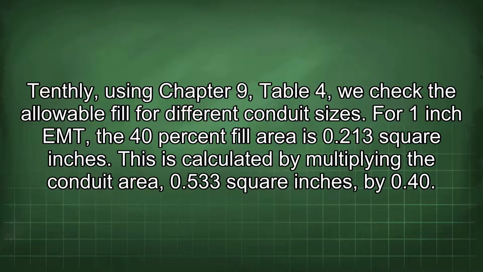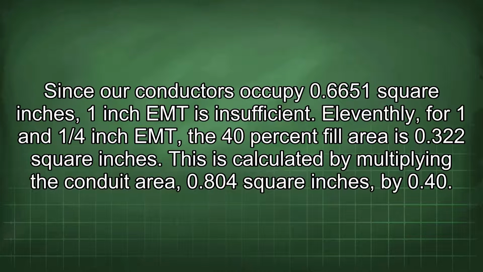For 1-inch EMT, the 40% fill area is 0.213 square inches. This is calculated by multiplying the conduit area 0.533 square inches by 0.40. Since our conductors occupy 0.6651 square inches, 1 inch EMT is insufficient.